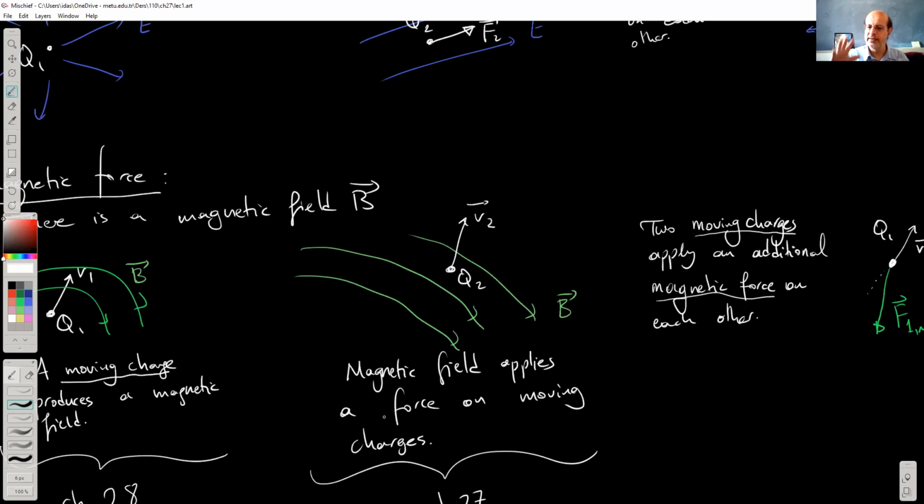The field influences the motion of the charges, and the charges also influence the fields. As a result, we have to discuss both of these aspects separately. I don't know if you have any questions here, but this is essentially what it is.